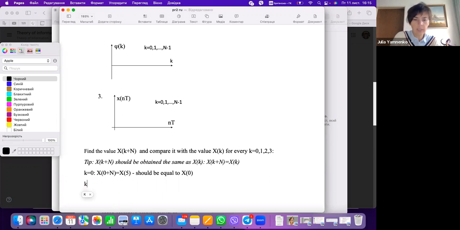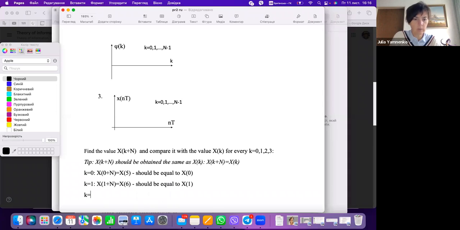The same for k equal to 1. Then x from 1 plus n will be the same as x from 6, and you should put 6 instead of k in the formula above, and it should be equal to x from 1, but you should verify this.